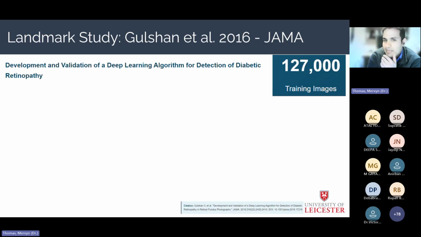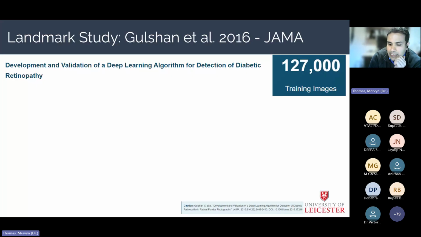So how was AI implemented in diabetic retinopathy? This is the study that actually changed everything. It was a team with Google's research team that led this very pivotal work, not just pivotal for ophthalmology, but across medical AI.